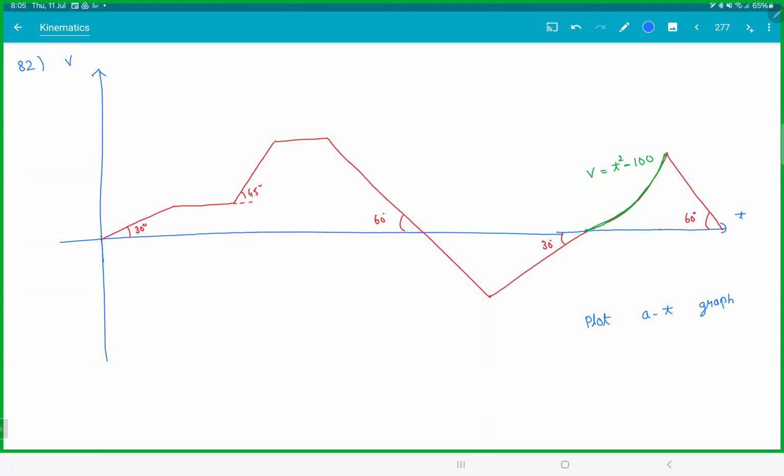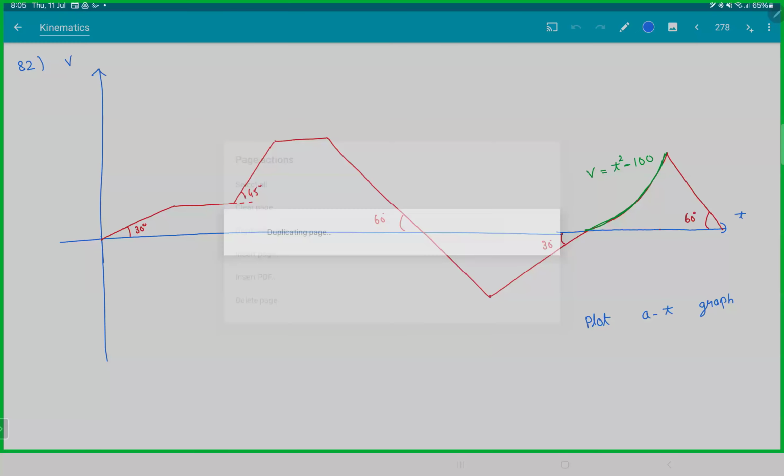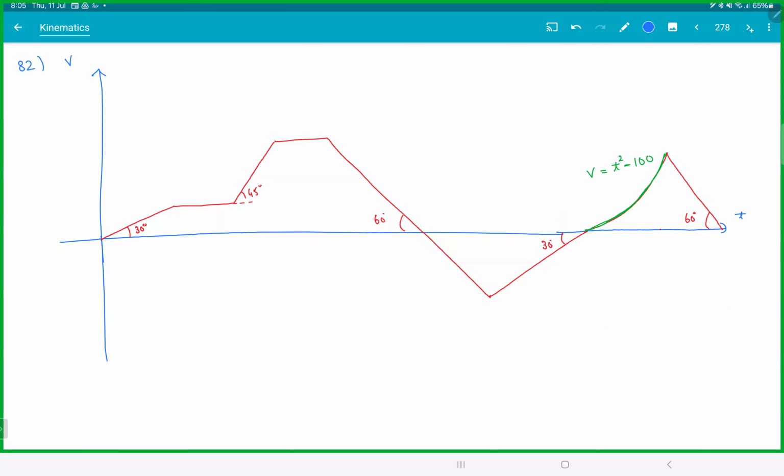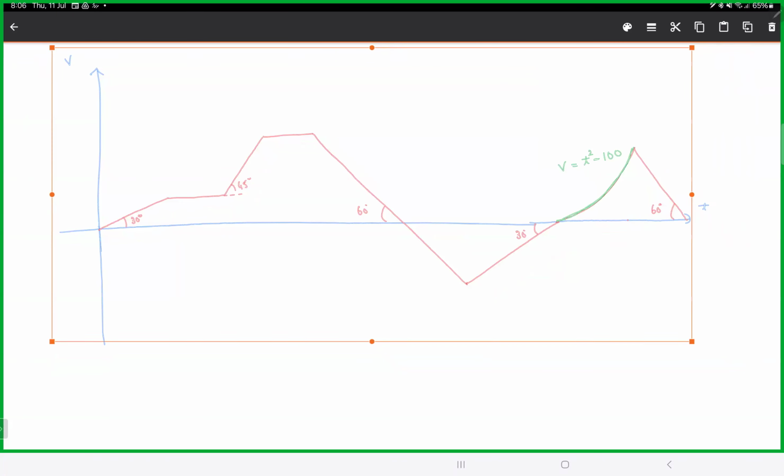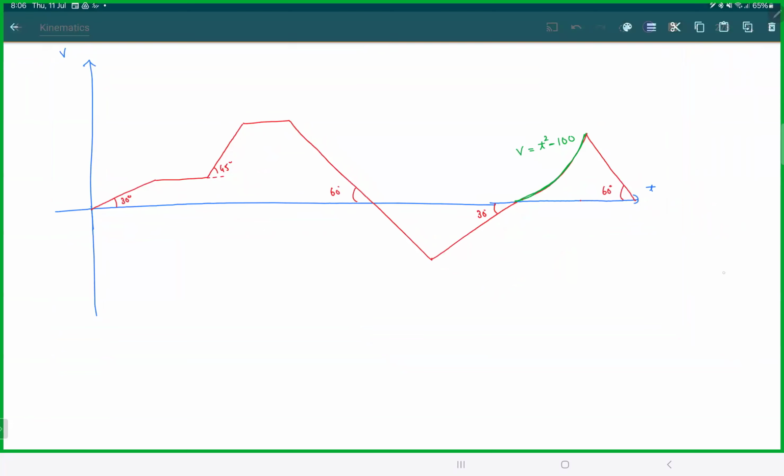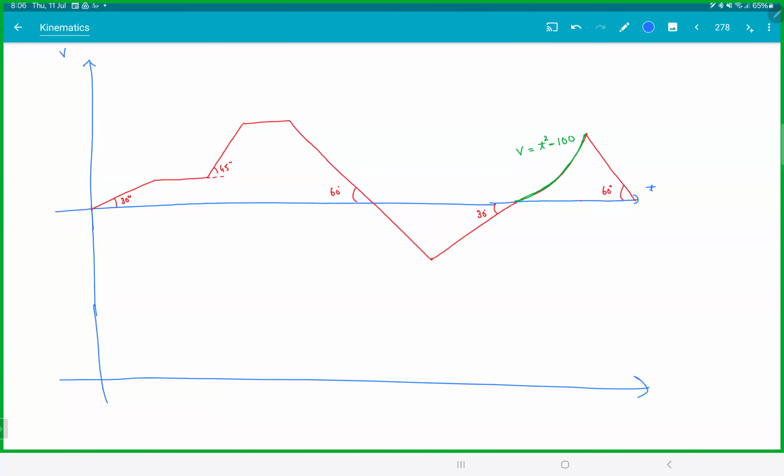Done. See. So if I try to plot an AT graph, initially the slope here is constant, that is 1 by root 3.